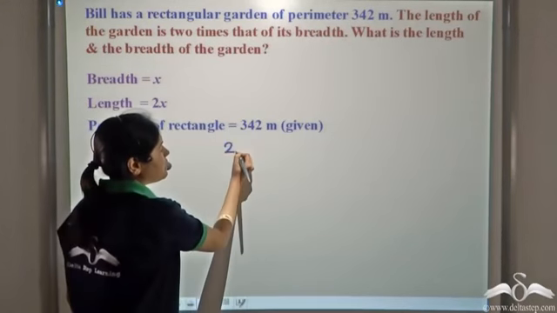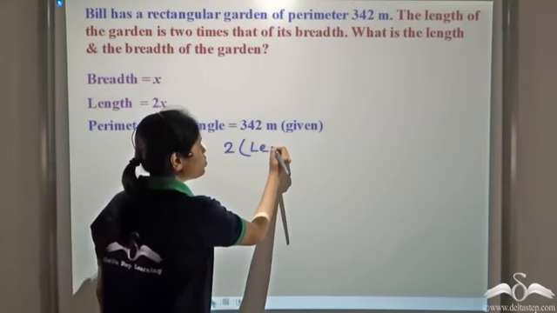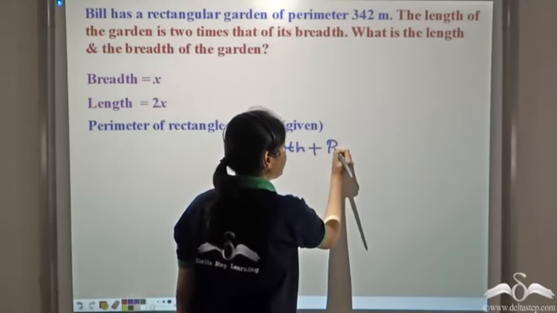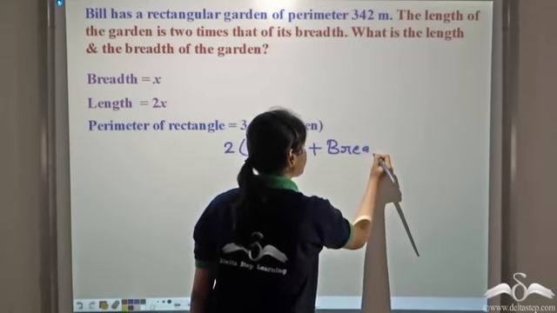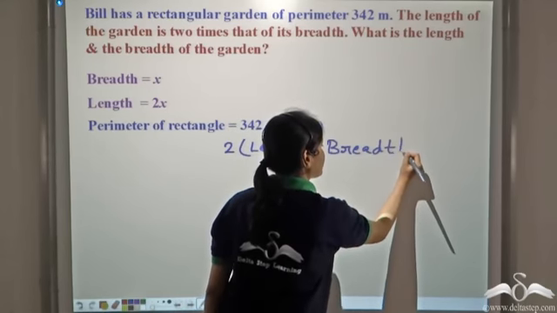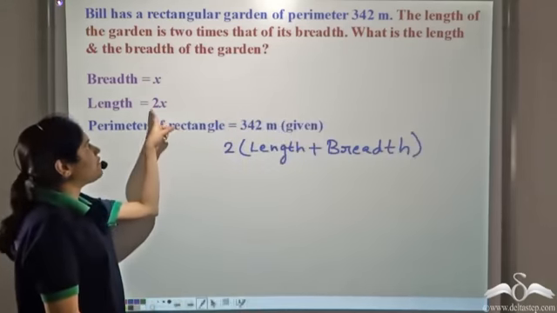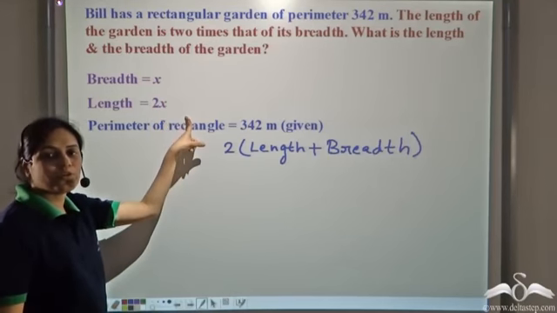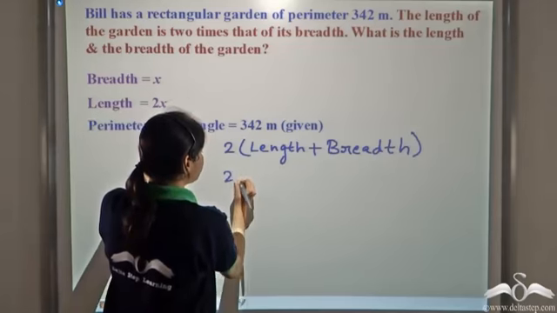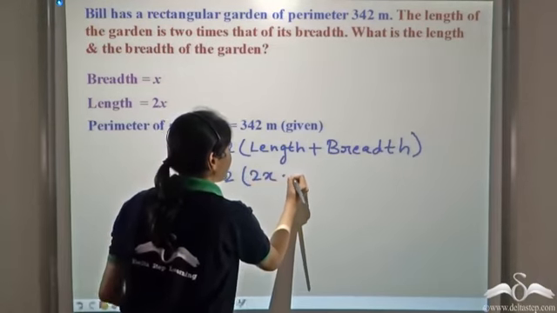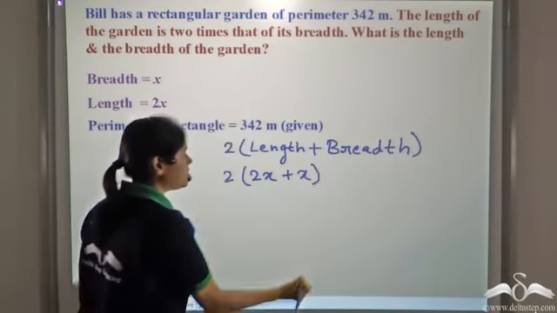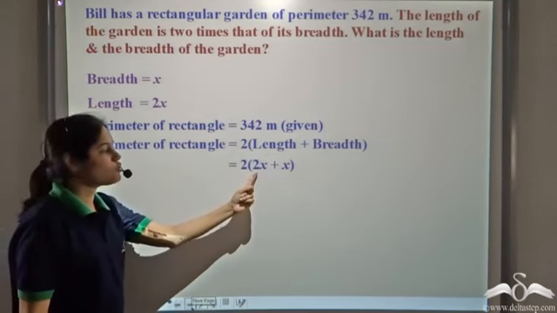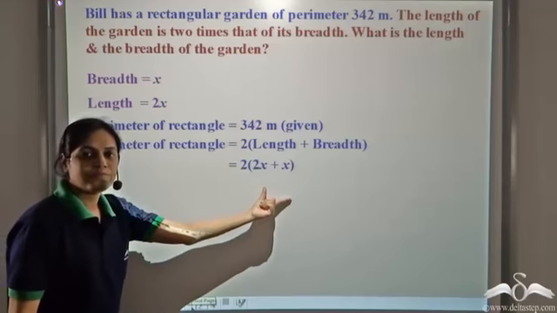We know that perimeter is 2 into (length plus breadth). We have represented length and breadth in terms of the unknown. So length is 2x and breadth is x. So this is the perimeter: 2 into (2x plus x).